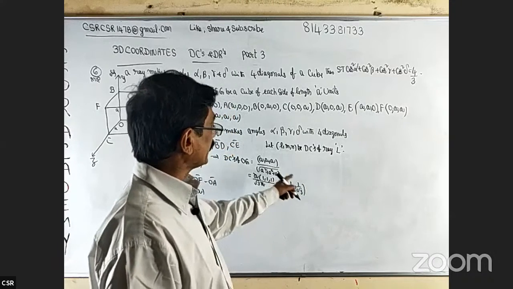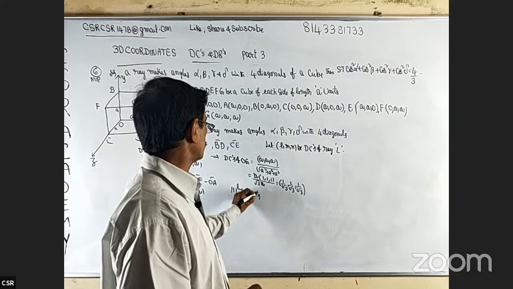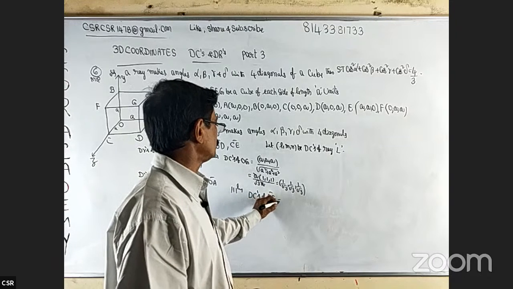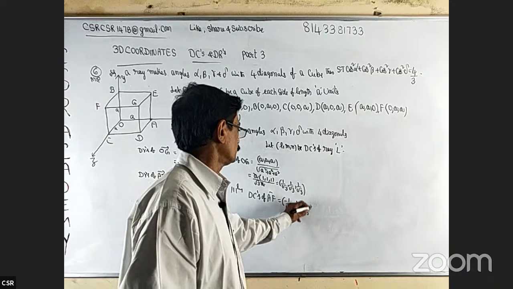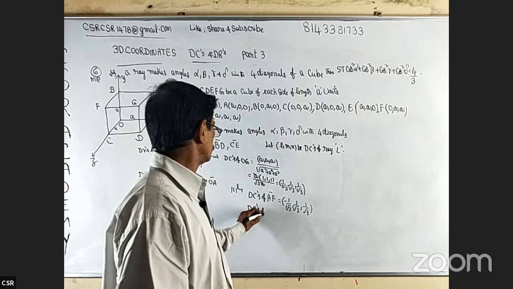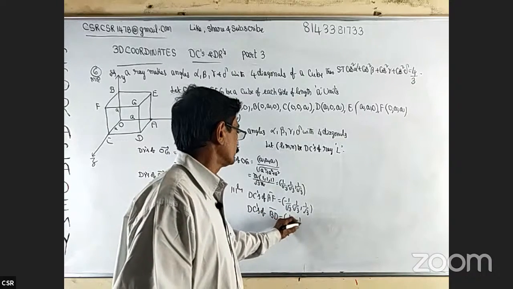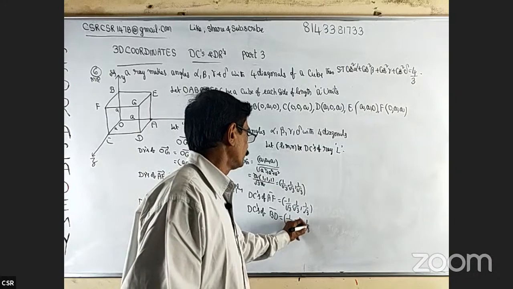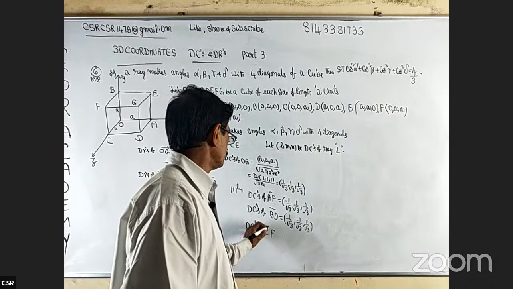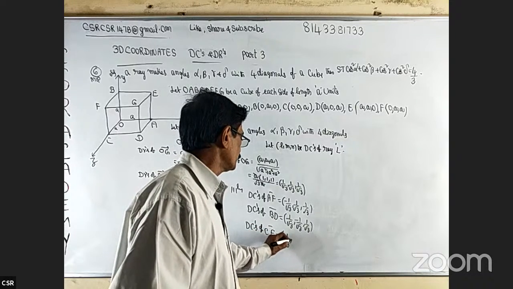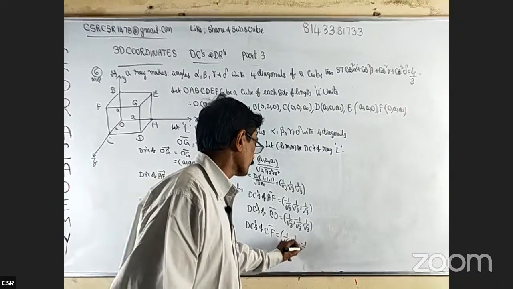These are the direction cosines of OG. Similarly, the direction cosines of AF are minus 1 by root 3, 1 by root 3, 1 by root 3. Next, the direction cosines of BD are 1 by root 3, minus 1 by root 3, 1 by root 3. Next, the direction cosines of CF are 1 by root 3, 1 by root 3, minus 1 by root 3.